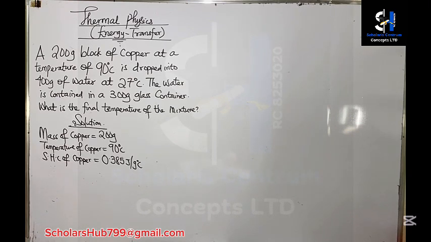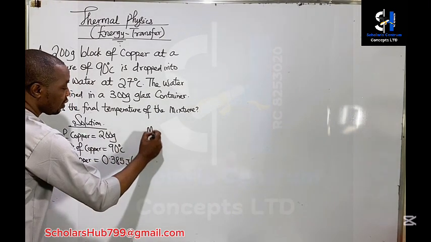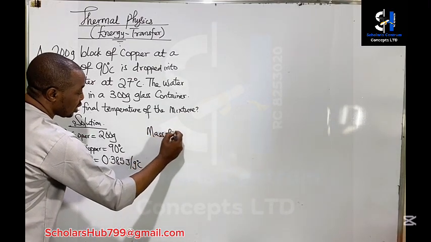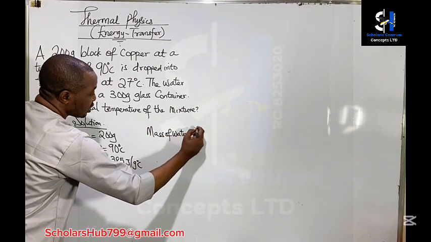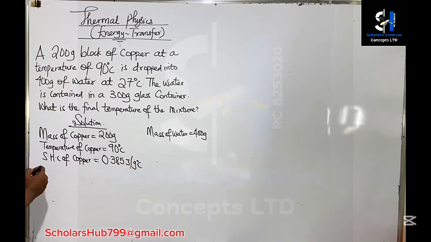Now for the 400 grams of water, the mass of water is 400 grams. Again we're not given the specific heat capacity.